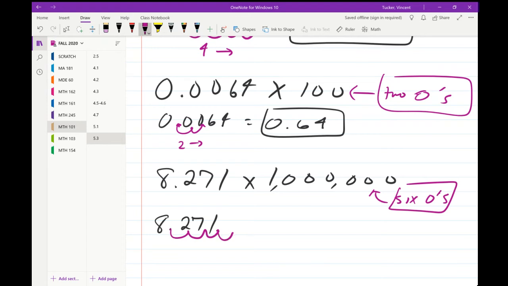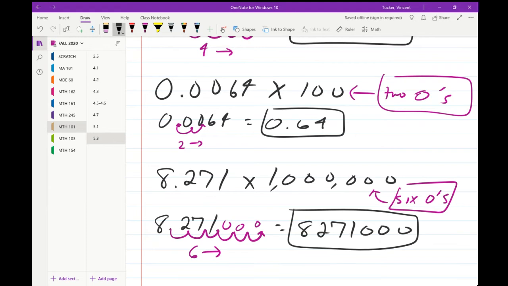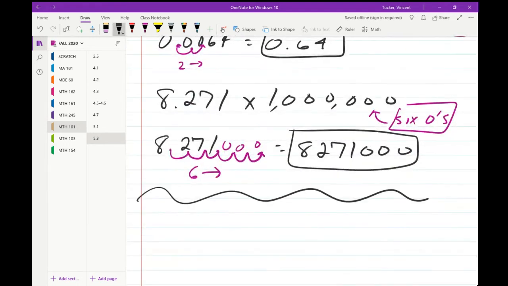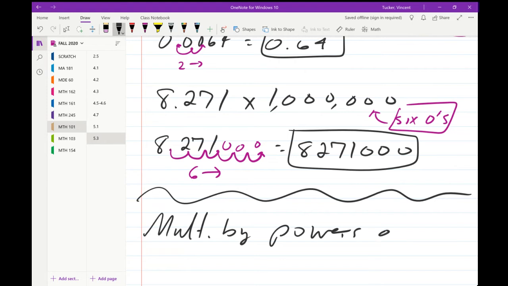Three numbers, then we're going to use three zeros. All right, questions on that last exercise before we look at the next one?